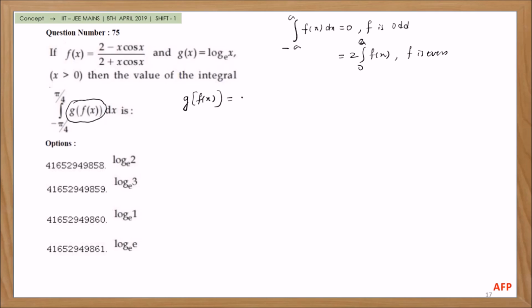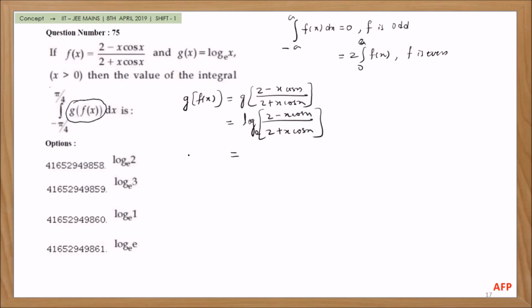Now we will find g of f of x, which is g as it is. So what is f of x? In place of f we write (2 minus x cos x) divided by (2 plus x cos x), log to the base e.